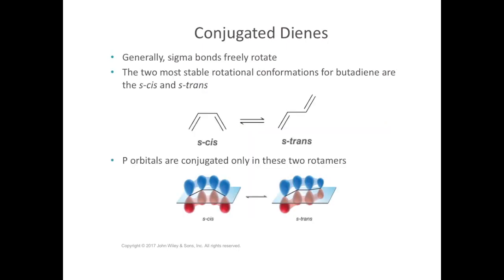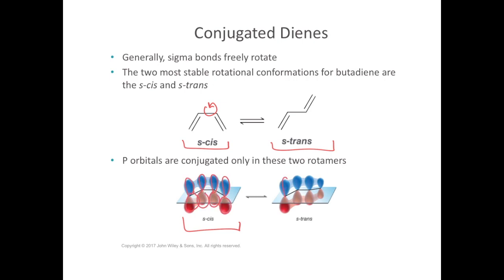There are two stable rotational conformations for butadiene. This is butadiene. It's buta because it's 4 carbons, and diene because it has 2 double bonds. The S-cis conformation and the S-trans conformation. So to convert between those two, you're going to rotate around that single bond. In these conformers, if we have the S-cis, you can see here that the p orbitals are conjugated.